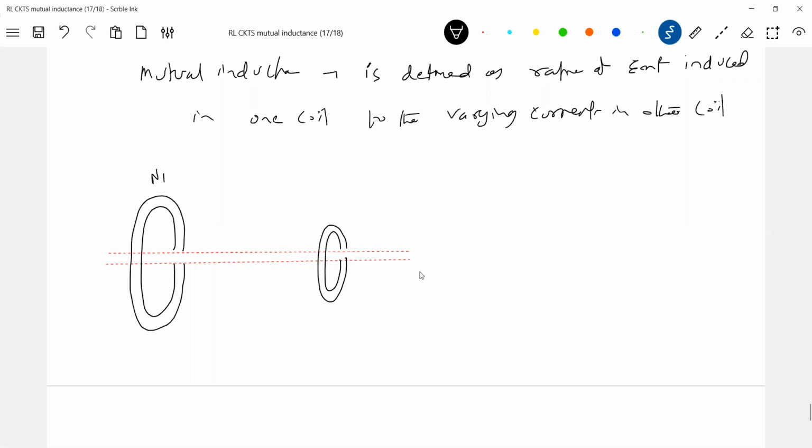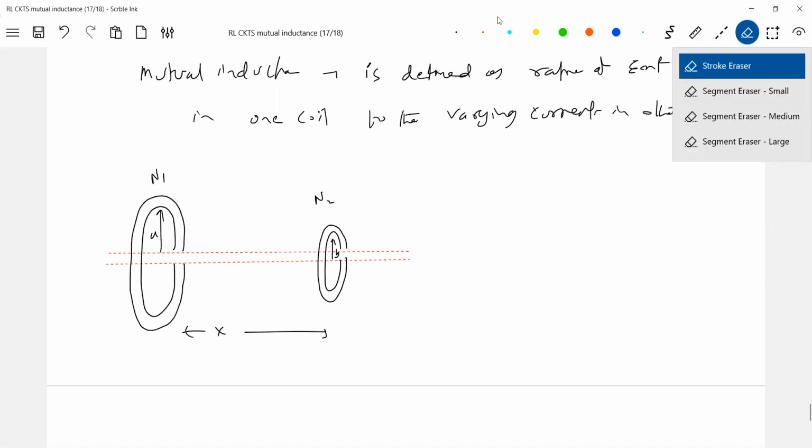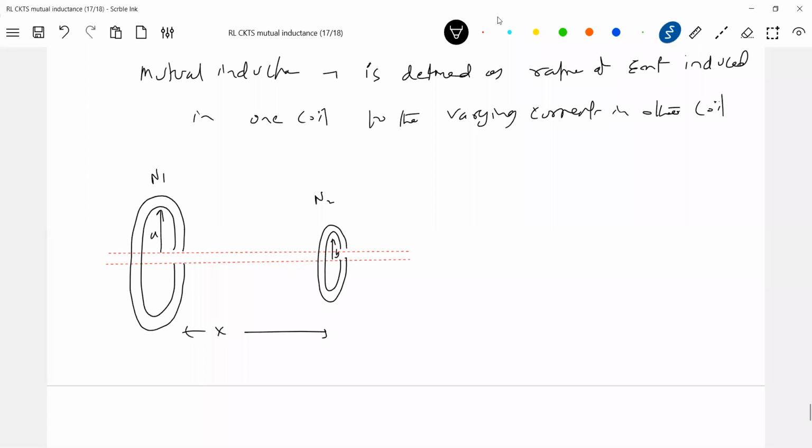Let the number of turns be n1 and n2, and the separation between them be x. The radii of the coils, let it be a and b. I just brought a rod, nothing to do with the problem, just to show the direction of current clearly. The red lines are only for the axis.